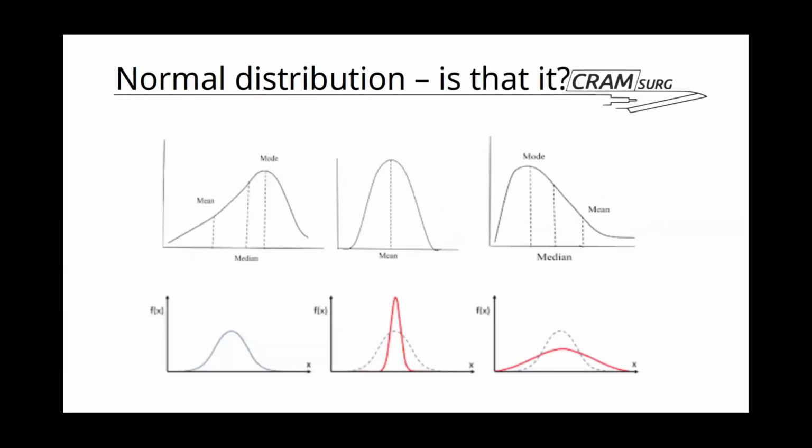Right. So when we talk about the normal distribution, like we've done before, we normally mention sort of normality, mean, mode, median, and things like that. Now, there are a couple of characteristics of distributions that are important to remember, and you can see a couple of examples here.